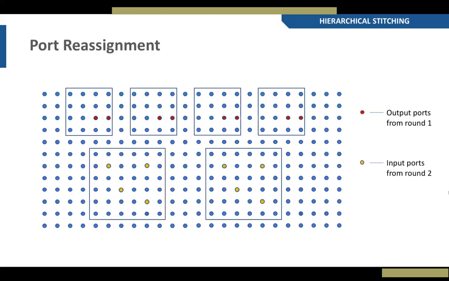If you wanted to feed those output states into input states of a next level round that is mapped below spatially, you need to make sure, again to avoid correlated error, that you send only a single output state from each of the previous round modules into a single module of the next round, and then you do that for every input state that you need.